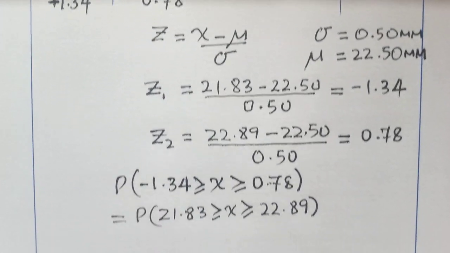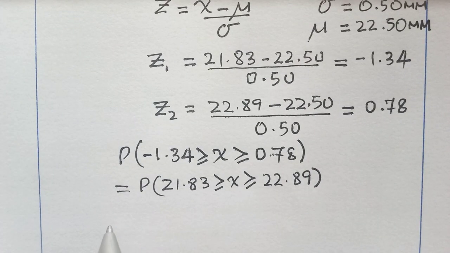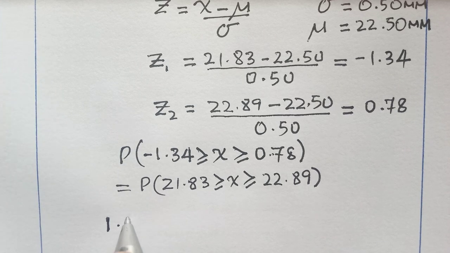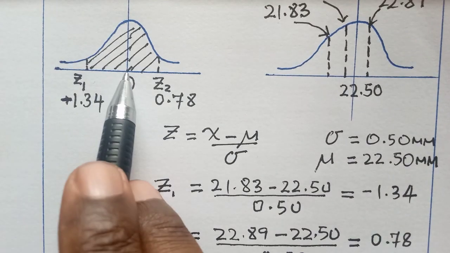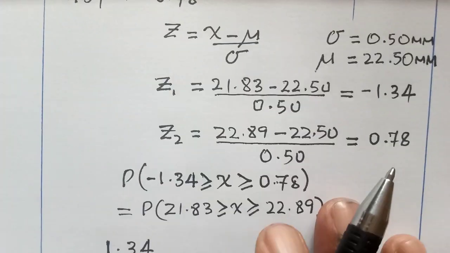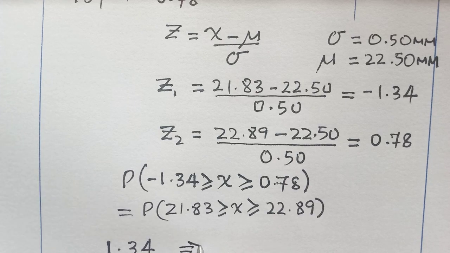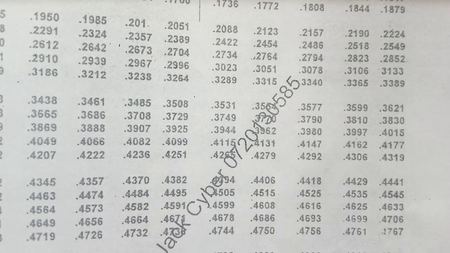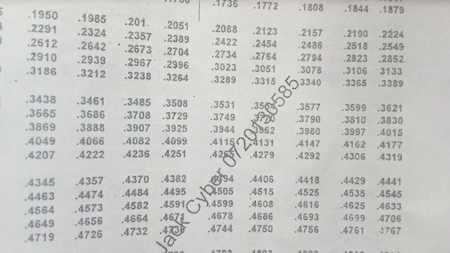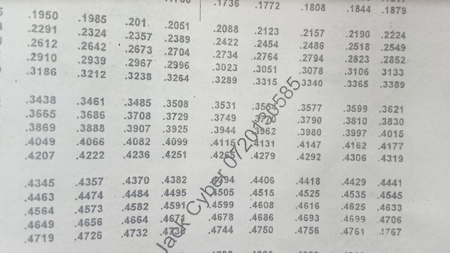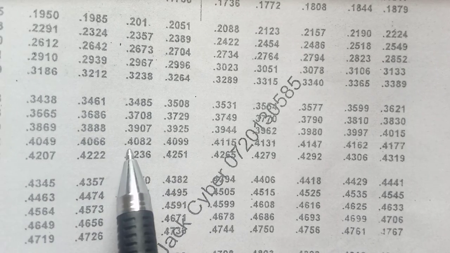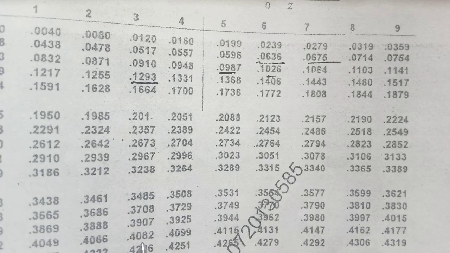So now we go to our standard table and check for the probability at 1.34. We see the area from here to this point. Here I have the table; this one does not have a negative, you still use the positive 1.34. So this one is at 1.3, then you come to 4.